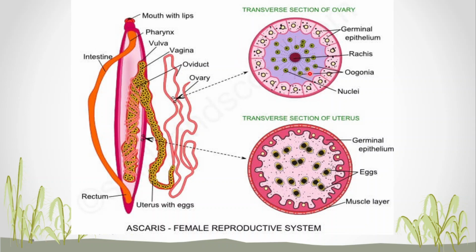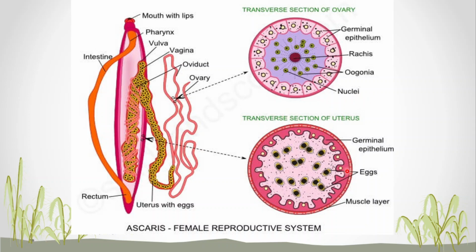This is the lumen of the ovary, in which the germinal epithelial cells synthesize the mature ovum. All these green colored rounded structures are mature ovum. And this is the central rachis. These all are oogonia or ovum, and inside each ovum the nuclei are seen.